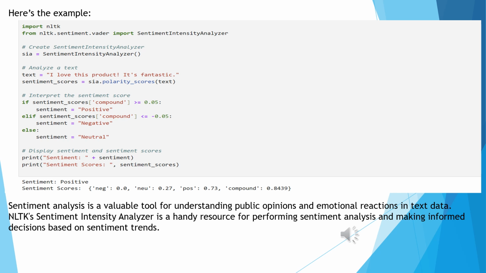If I get a compound score below -0.05, it will be categorized as negative. For neutral, the score should be between -0.05 and +0.05.